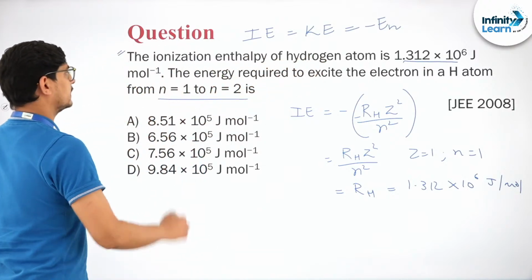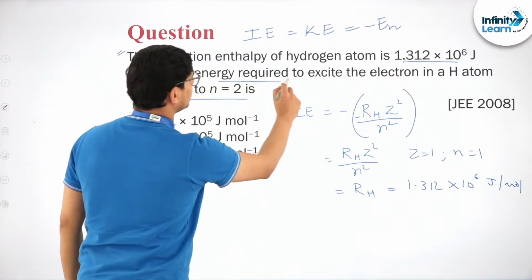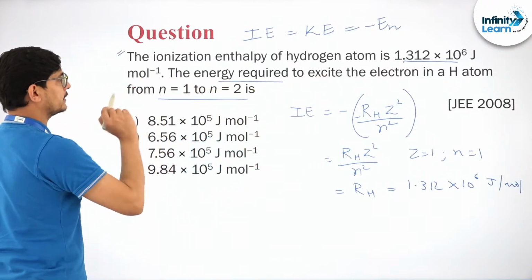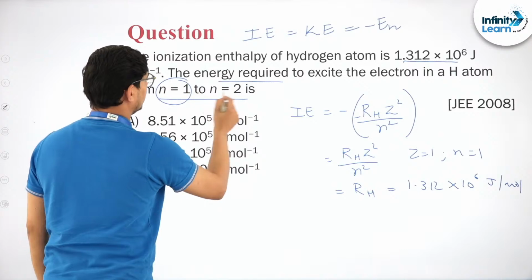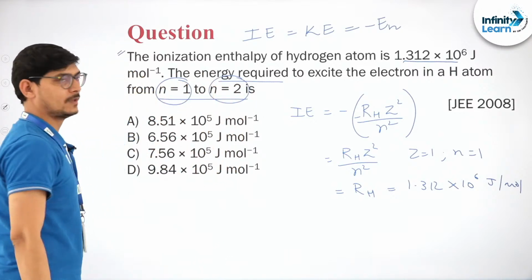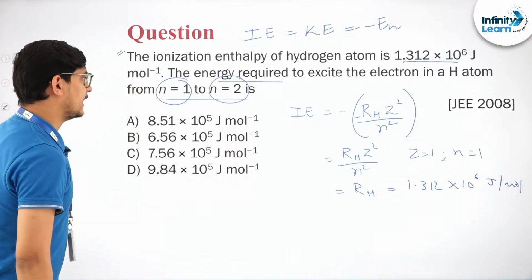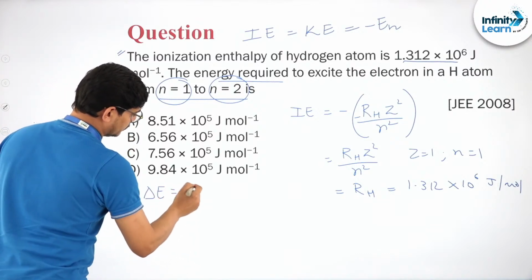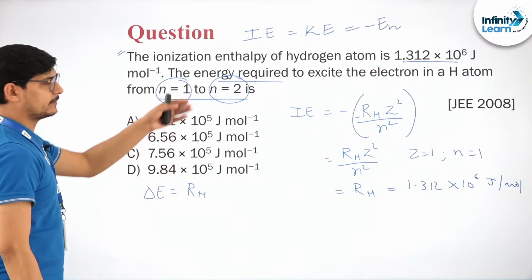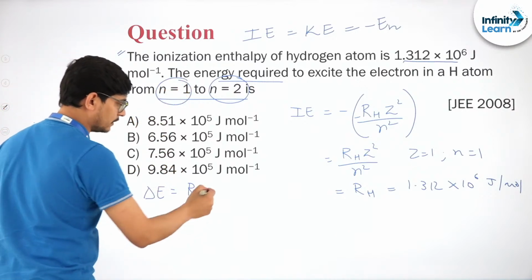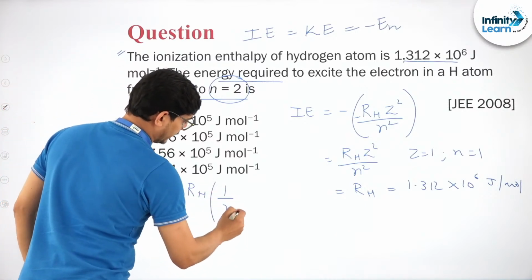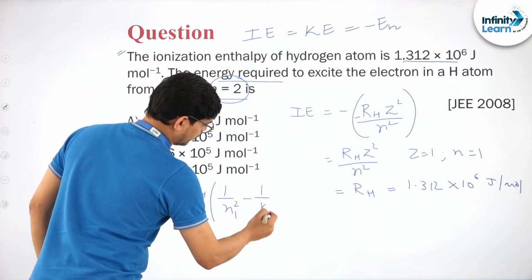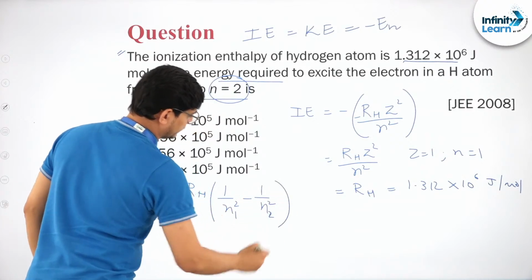Now let us come to the question: the energy required to excite the electron in a hydrogen atom from n is equal to 1 to n is equal to 2. Is that clear? Now what is that formula? I can skip Z square because for hydrogen Z is 1, so it will be 1 upon n1 square minus 1 upon n2 square.